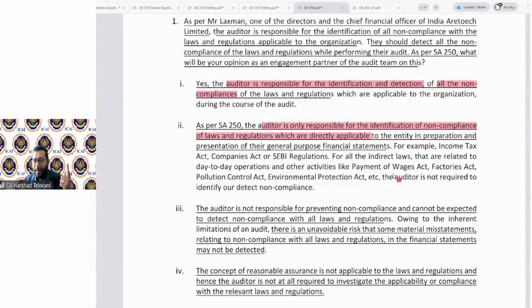My role is to identify misstatement. The third one, which says the auditor is not responsible, is correct. And the fourth one, that the concept of reasonable assurance is not applicable to laws and regulations, is again incorrect. The correct option is 3. Clear? Any doubts?